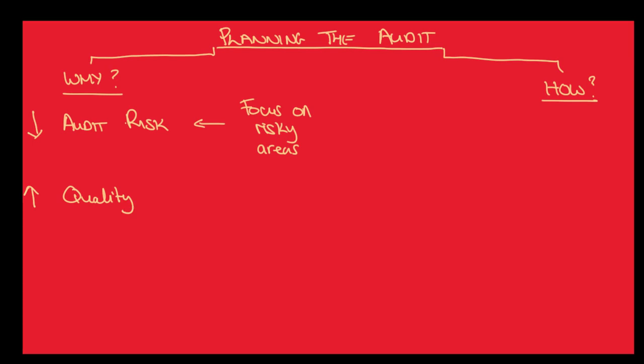Now, how do we go about increasing this quality? Well, we do this by getting the right team involved, the right team with the right amount of experience, the right amount of skills, the right amount of training, at the right costs as well. We need to make sure that the audit is effective and efficient.